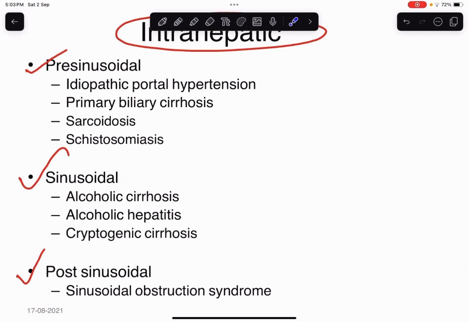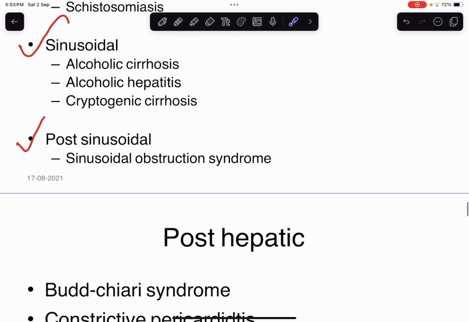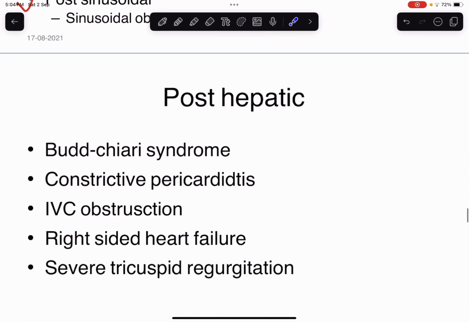Sinusoidal causes: alcoholic cirrhosis, alcoholic hepatitis and cryptogenic cirrhosis. Post-sinusoidal causes: sinusoidal obstruction syndrome. If there is any obstruction in the sinusoidal system, it will result in increased portal resistance, meaning portal hypertension.